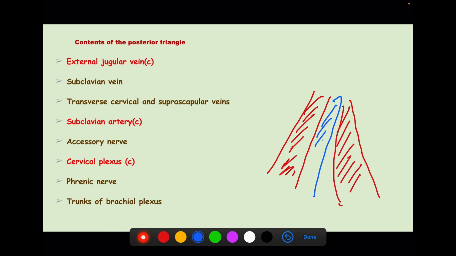In between them is the posterior triangle. This one is the sternocleidomastoid and this one is the trapezius muscle.